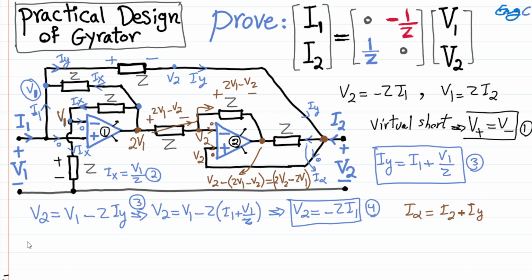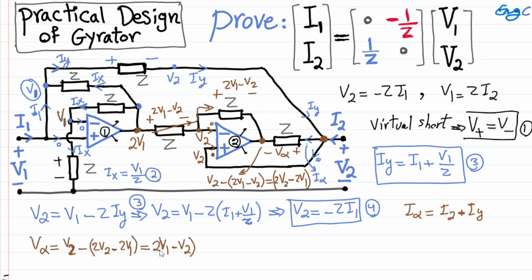So as the last step, I can say this voltage drop, V alpha, is equal to V2 on one side of that impedance, minus on the other side 2V2 minus 2V1, which, if you simplify, becomes 2V1 minus V2.